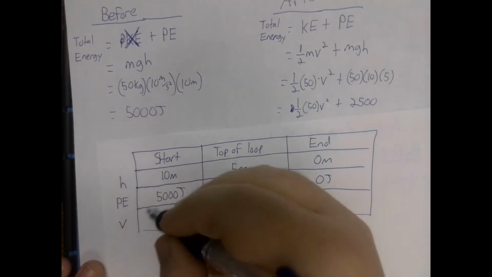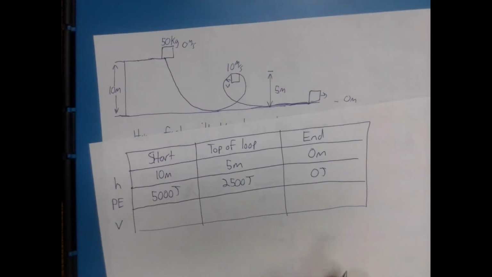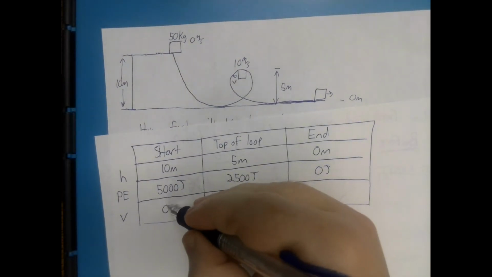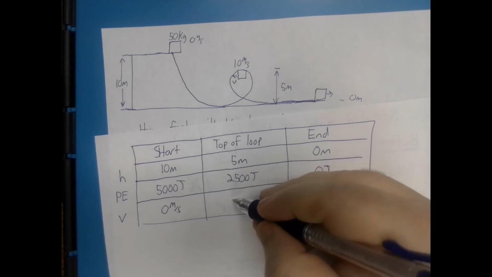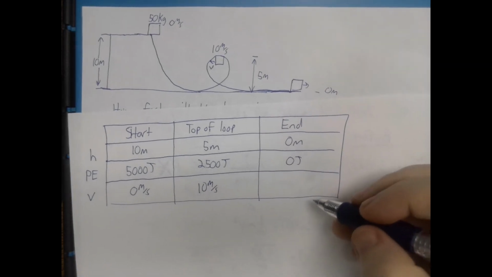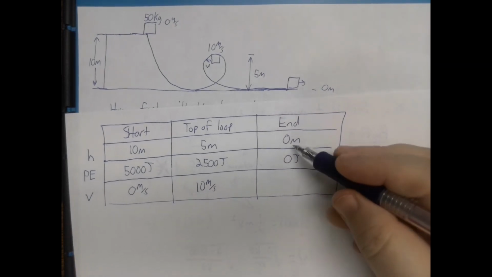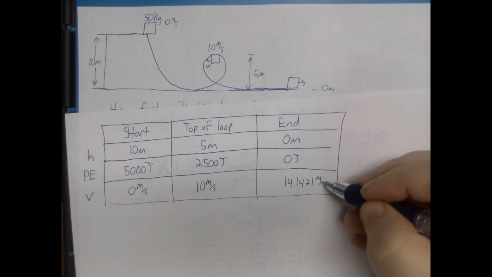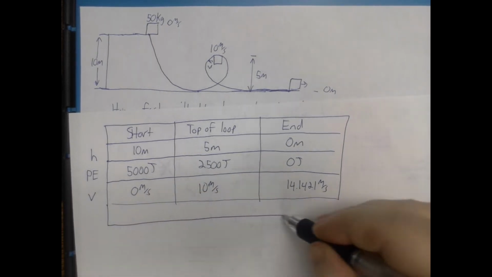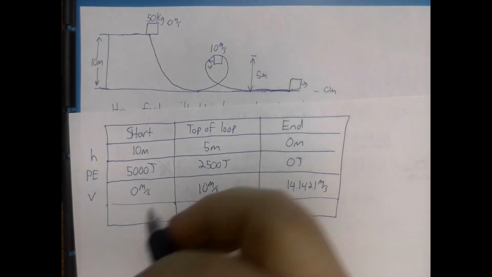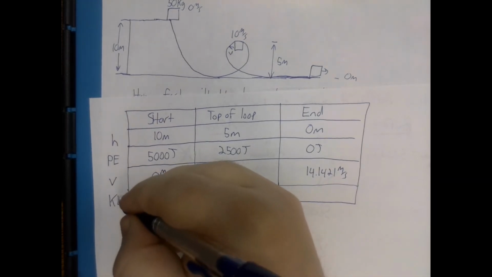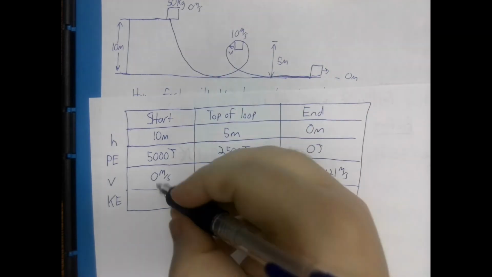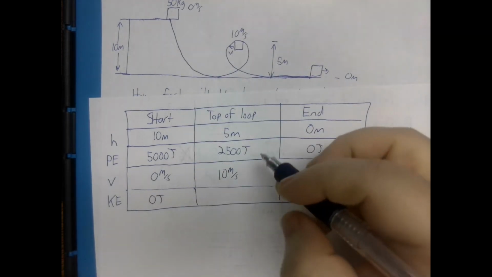If we look at velocities, the velocity at the start is 0 meters per second. The velocity at the top of the loop we calculated was 10 meters per second. And the velocity at the end of the loop is 14.1421 meters per second. And we calculated the kinetic energy. So the kinetic energy at the start was 0 joules.